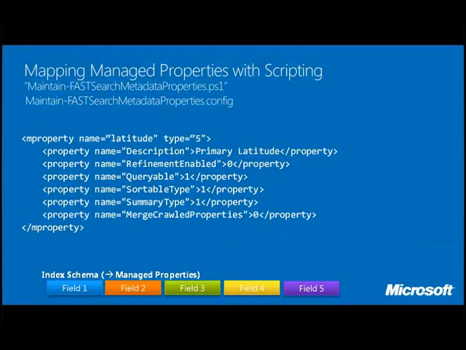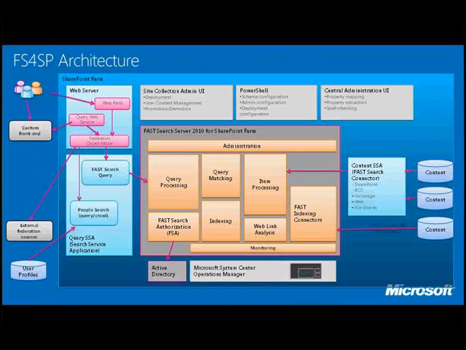All right. So the FAST Search for SharePoint architecture, starting on the left where people are querying in the upper left-hand corner, we've got all of the things that are going on at the UI level on the custom search center. Below that on the left, we've got some query SSAs, search service applications, that are running there.